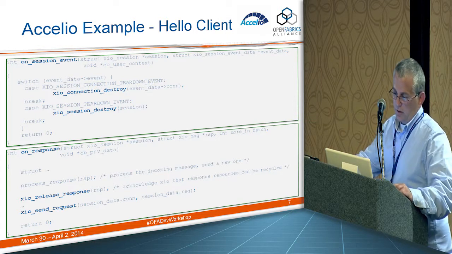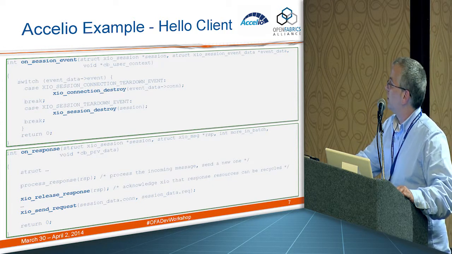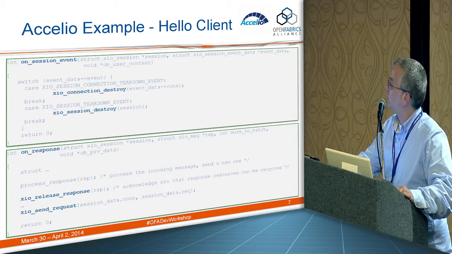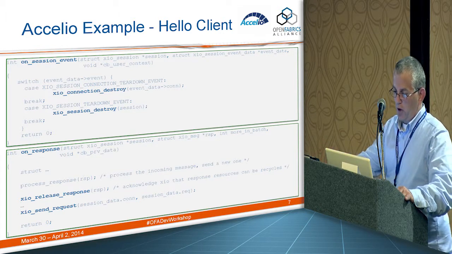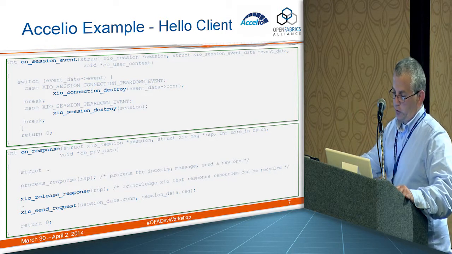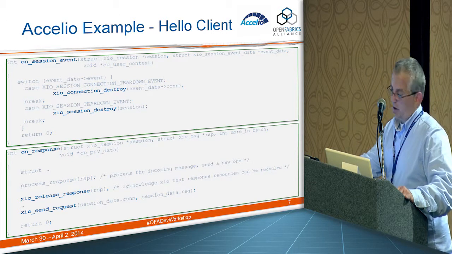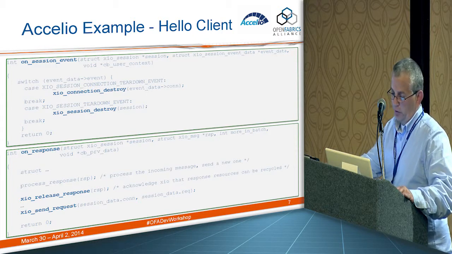The second callback is on response. When you send the message to the server side, it will respond with its own response. And when the response comes to the client side, you will get a response message. So what you are doing with the response, you are processing it, and when you no longer need it, you call release response to release the resources back to the library, and then you can issue a new request with that resource.